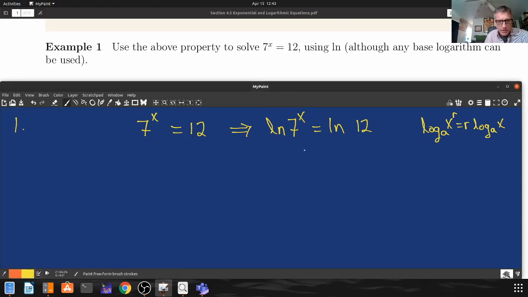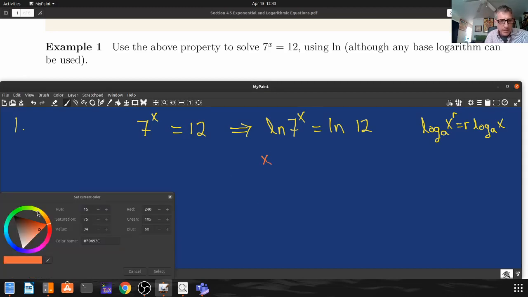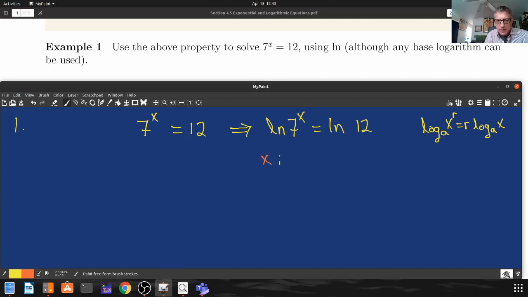So that's going to give me x times the natural log of 7 is equal to the natural log of 12. So here is my unknown. It's no longer in the exponent. That's perfect. And just recall that the natural log of 7 is a non-zero number.